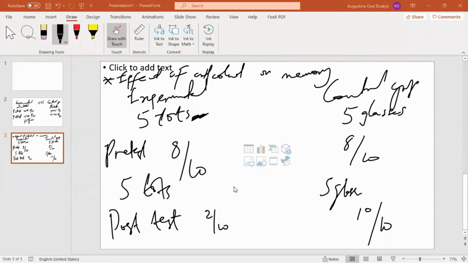What I mean is those that were exposed to the alcohol, the effect of the alcohol on the memory was as expected. So they dropped from 8 to 2. That means the alcohol had an effect on their memory. On the memory. Very good. 8 to 2, not 10. Correct.